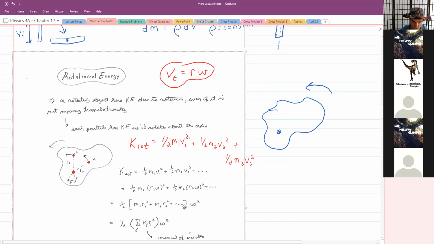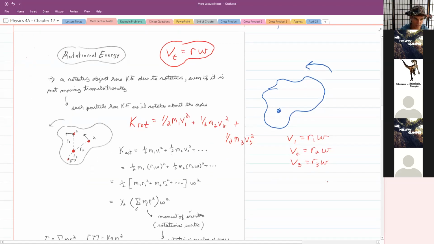So for each one, I'm going to write v1 as r1 times omega, v2 as r2 times omega, v3 as r3 times omega. I'm not writing omega 1, omega 2, omega 3 because they all have the exact same angular speed. So instead of v1, I've got r1 omega. Instead of v2, I've got r2 omega, and so on.